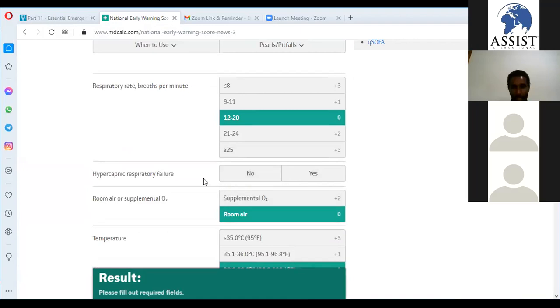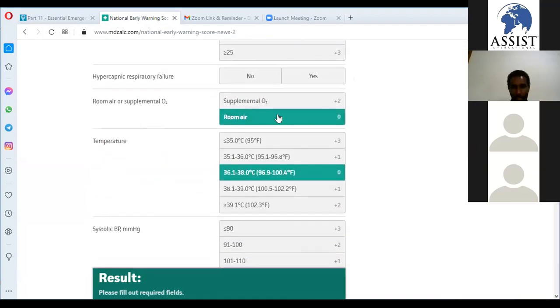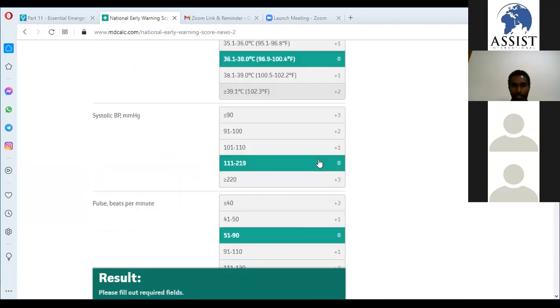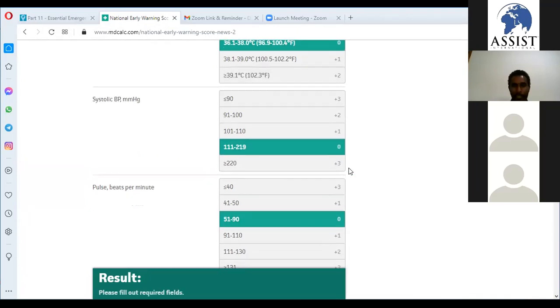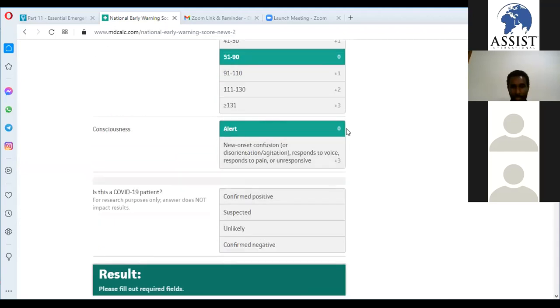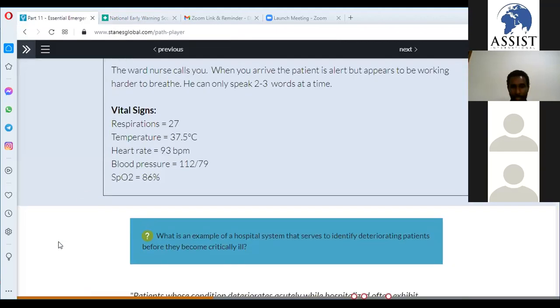He has no hypercapnic respiratory failure, and he needs supplemental oxygen, then +5. The temperature is between this, 0, systolic blood pressure between this and 0. The pulse rate is 93, so we have +1 here. The patient is alert. So we have a score of 6 based on this new score.